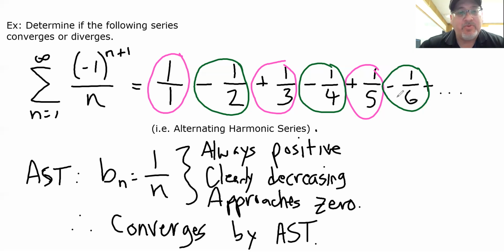I just wanted to remind myself what it converged to. Are you going to tell me or not? Oh, you told me it converges. That's so nice. I already knew that. All right. But if you're curious, see if you can find what the alternating harmonic series converges to. I know it converges to something. I just don't remember off the top of my head. I'll stop worrying about it right now.